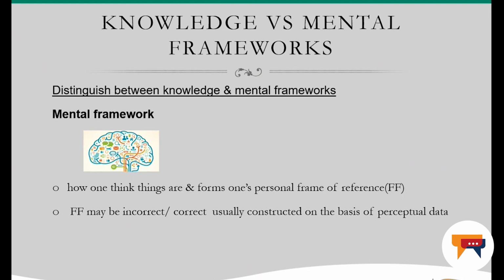A personal mental framework may be described as how one thinks things are, and this forms one's own personal frame of reference. This frame of reference may, however, be incorrect in that the way one thinks things are is not necessarily the way things are in reality. One's ideas of something may be wrong.